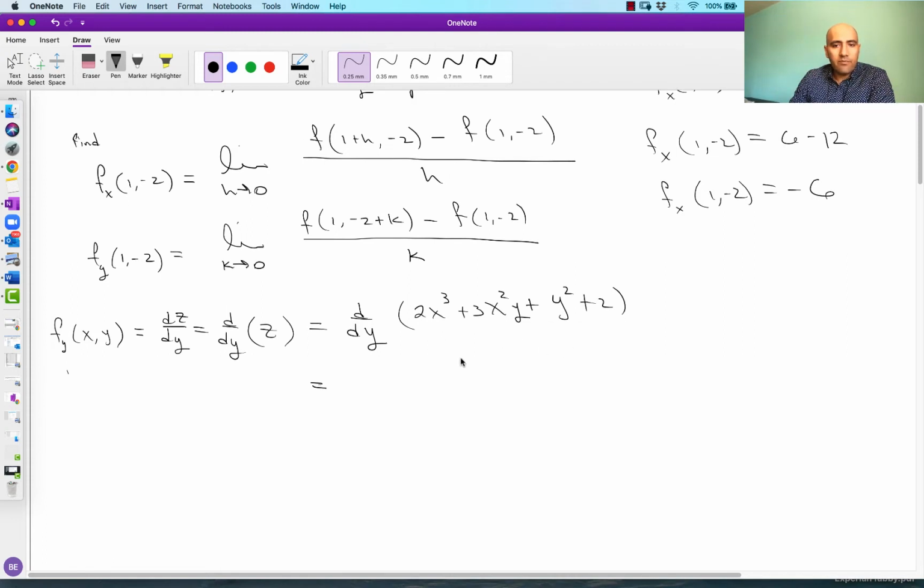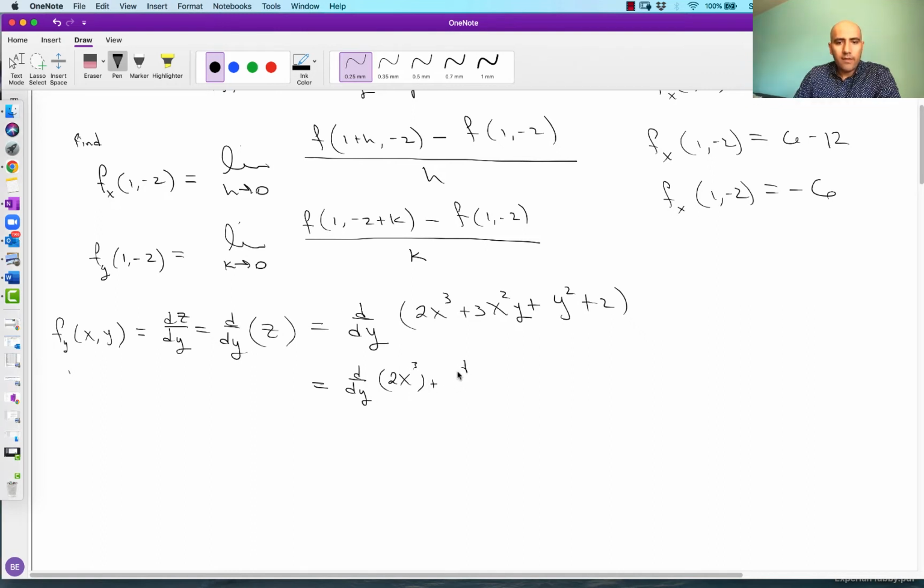Just like before, we can separate this into d/dy of 2x cubed plus d/dy of 3x squared y plus d/dy of y squared plus d/dy of 2.